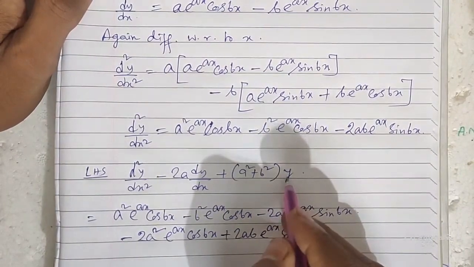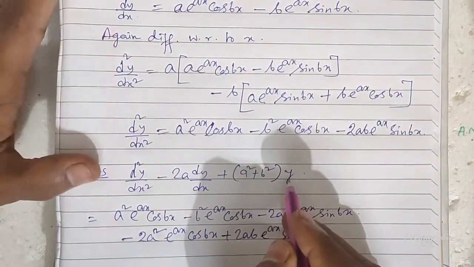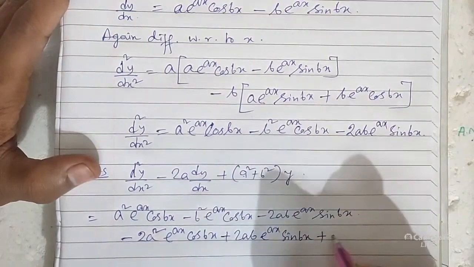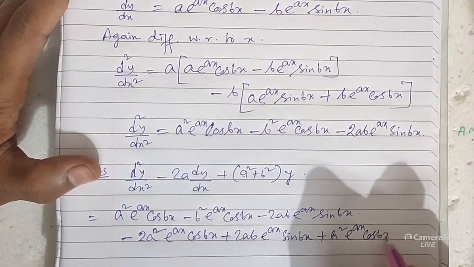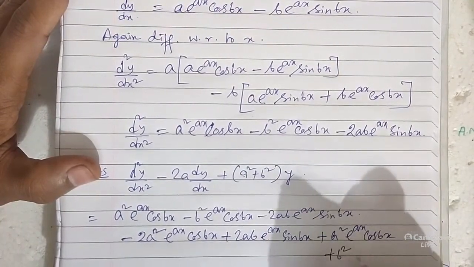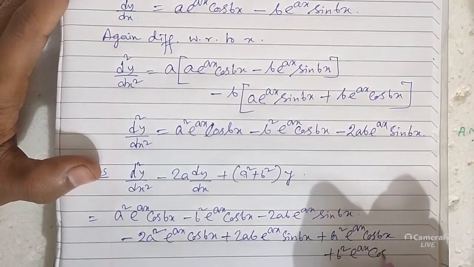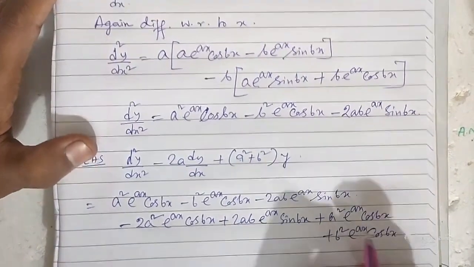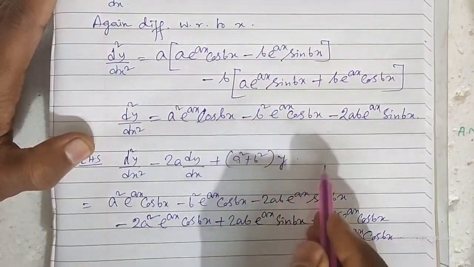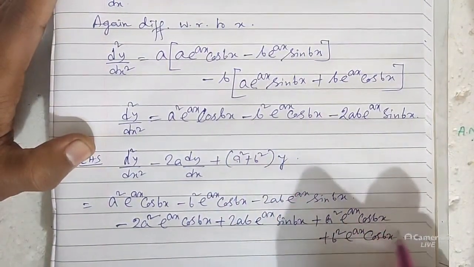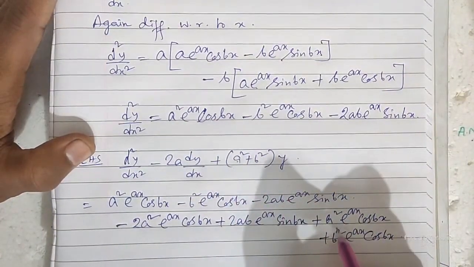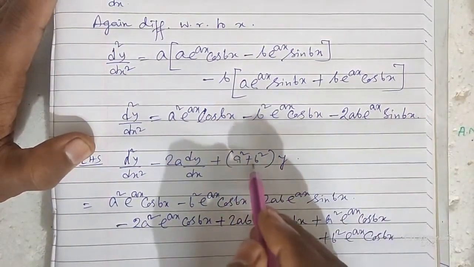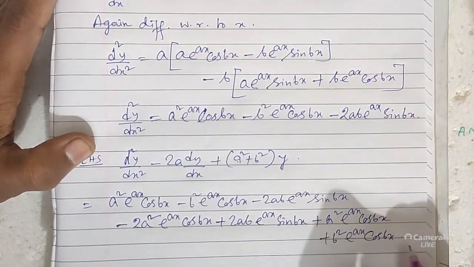What is the value of y? Y is given as e to the power ax cos bx, so a square into y plus b square into y. So a square y means a square e to the power ax cos bx, b square y means b square e to the power ax cos bx.